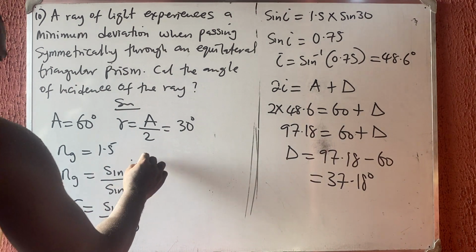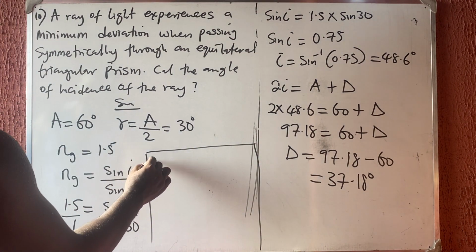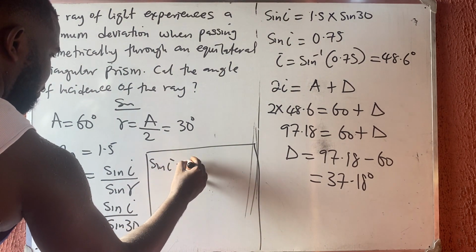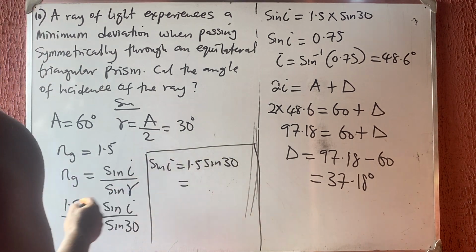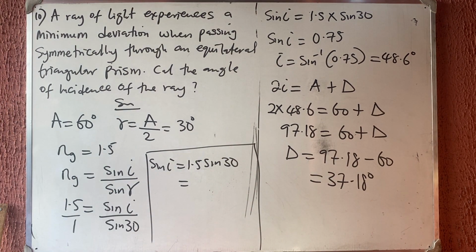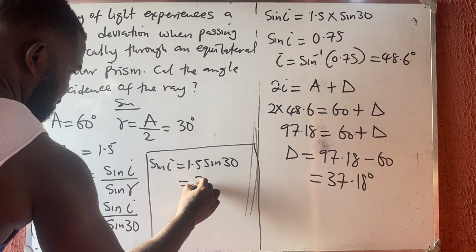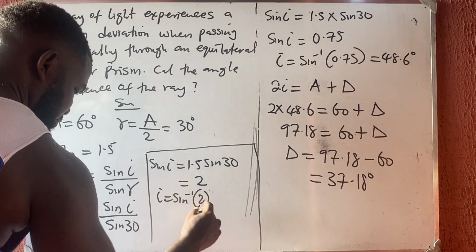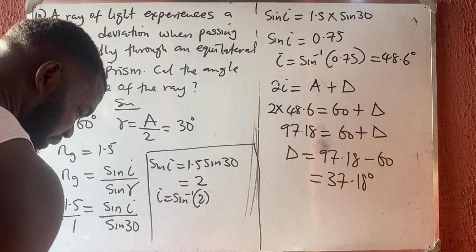So what do we have? If you permit me to finish it up here, I'll cross multiply, so your sine I is equal to 1.5 times sine 30. So which will give you, I think, 2, right? We did it before, 2. Let me check, let me be sure. 1.5 times sine 30.